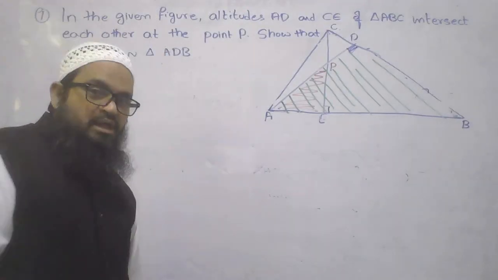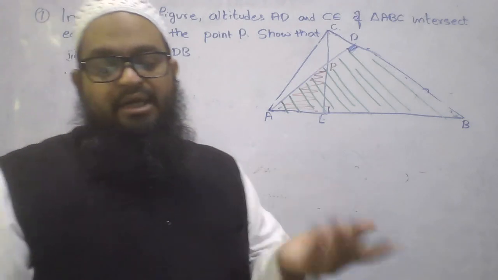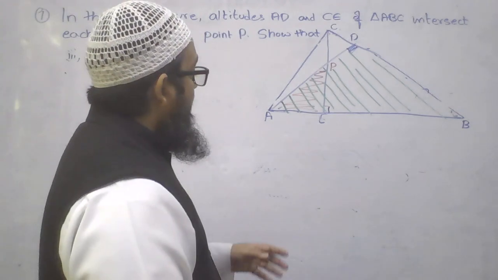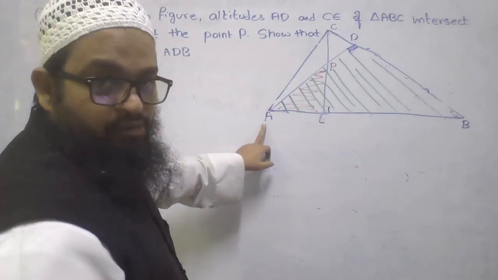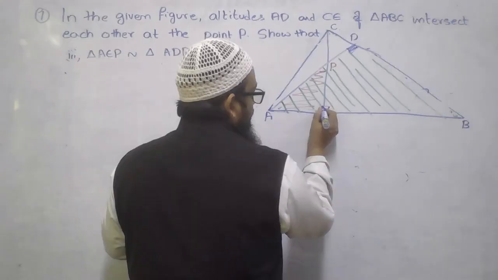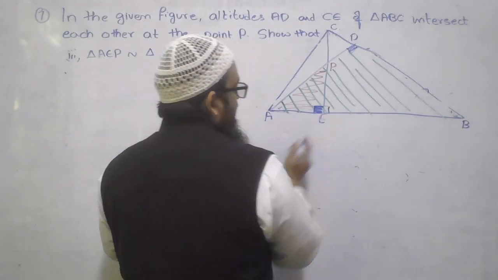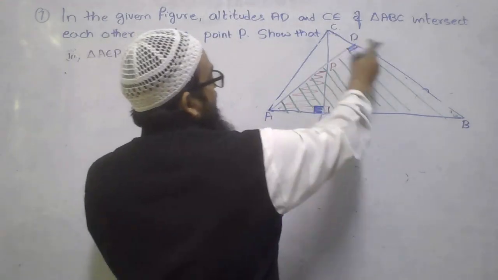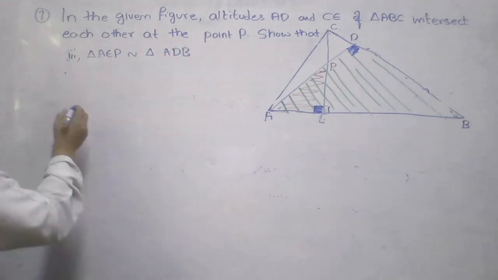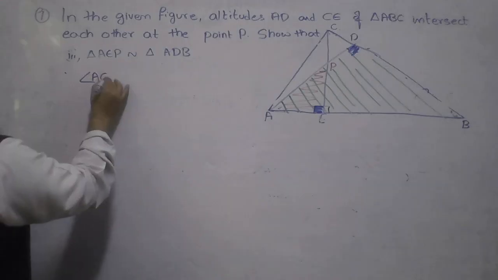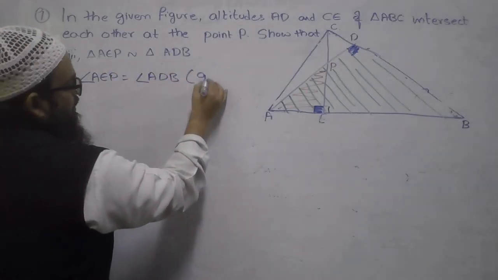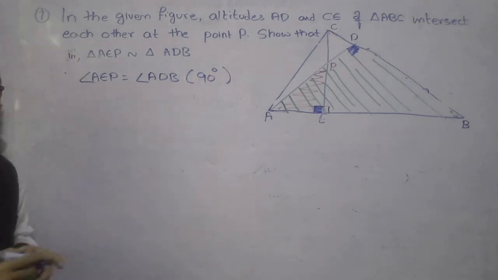Try to find equal angles, or sides which are in proportion. Let us see AEP. You have 90 degrees over here, and in ADB you have one more 90 degrees. So angle AEP is equal to angle ADB, 90 degrees, because they are altitudes.